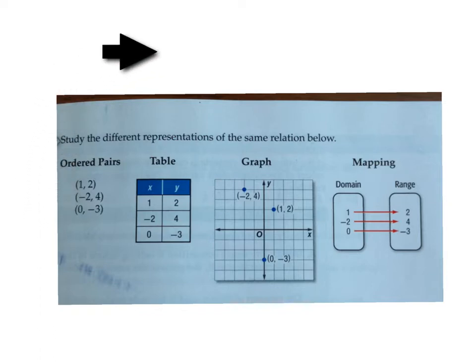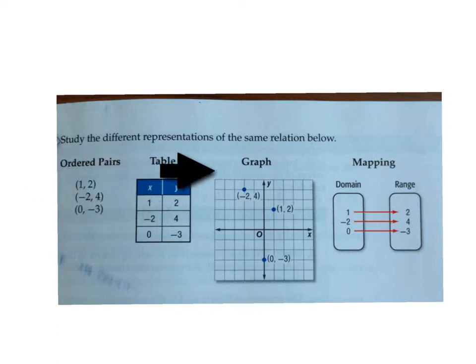Okay? Now they take that and they represent it as a table, putting your domain 1, -2, 0 in for the column of x, the range 2, 4, and -3 in for your y column.